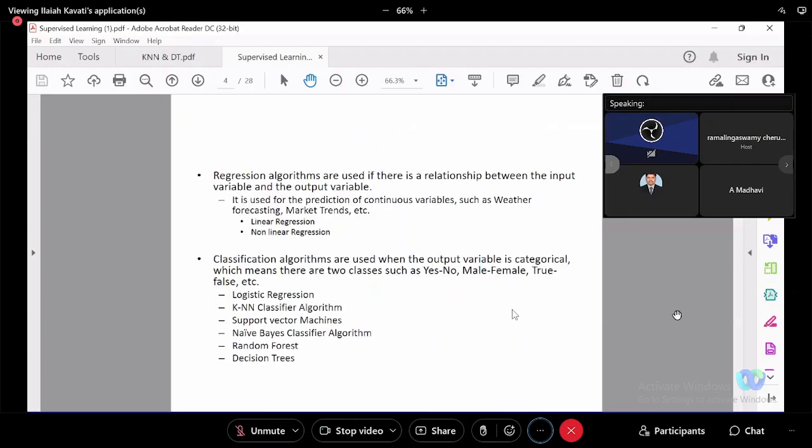Then, what are the regression techniques? Linear regression. Then we also discussed logistic regression and the difference, and why the name logistic regression, even though it is a classification mechanism, right? So today we'll continue with the KNN classifier, support vector machines, and decision trees, if possible, random forest, right?